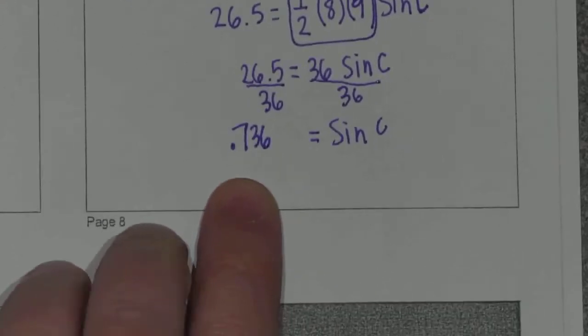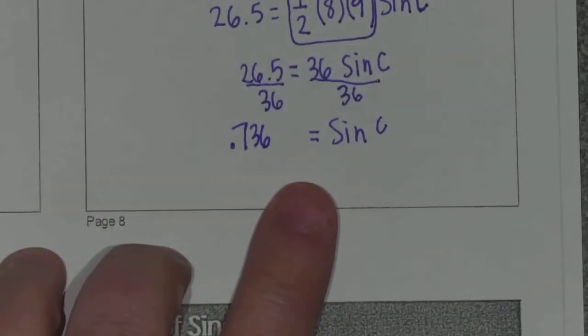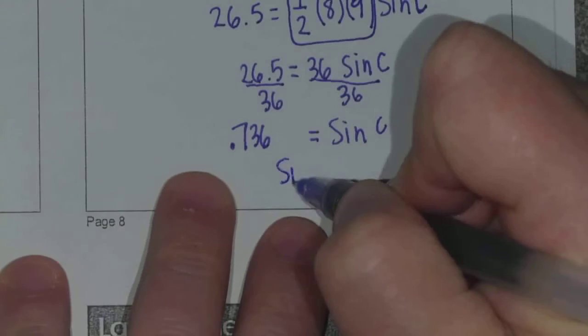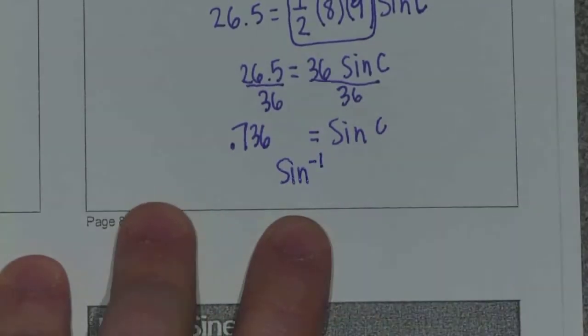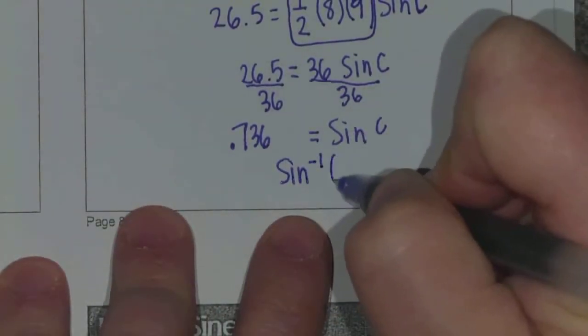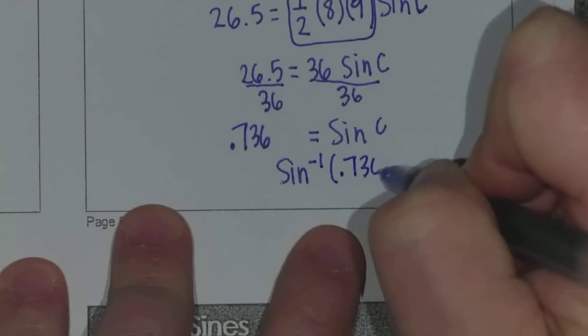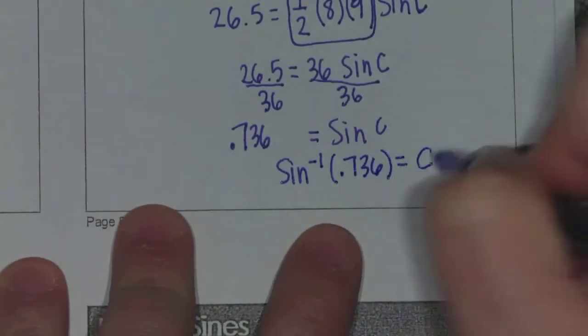Okay, one last step there. Who remembers how I'm going to get rid of the sine on the C? Yeah, I do the inverse sine function, right? So I'm going to do the inverse sine function on my calculator, the sine inverse of 0.736, and that will give me my angle.